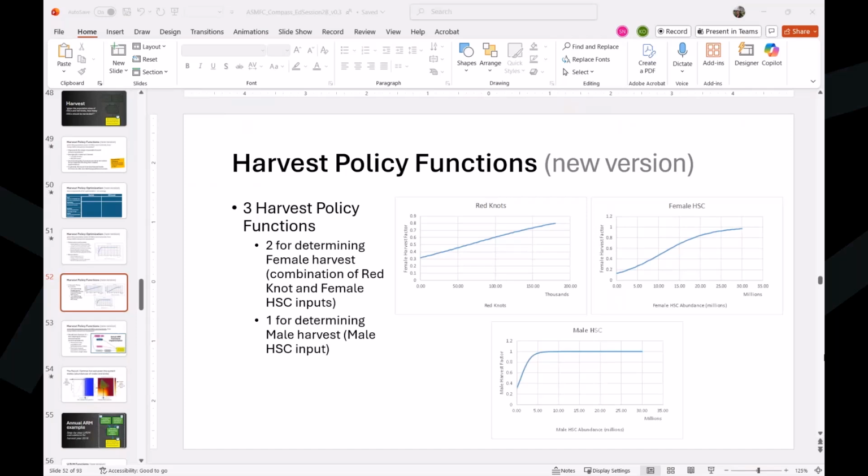Well, Brian News can speak to how it's incorporated into the current ARM, but both versions of the ARM models have survival functions and mortality functions that account for natural losses to the population, both during spawning and other factors that affect their survival. They are stochastic, so they try to account for variability and uncertainty in what those parameters are.